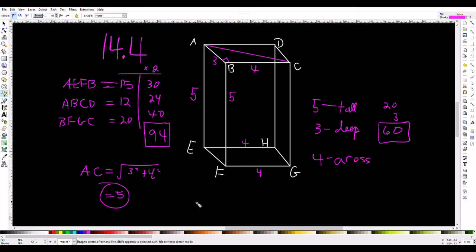Okay. What kind of triangle is ACG? This is a good one. ACG. Now this one's a little tricky, but hopefully you just refer it to the room that you're in, and it makes a lot more sense.